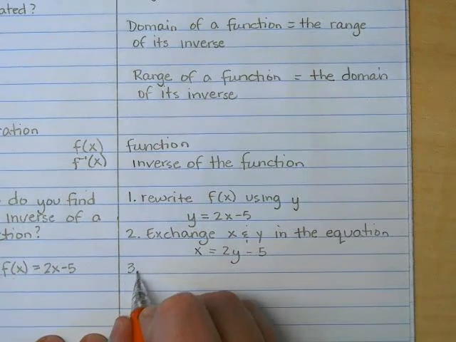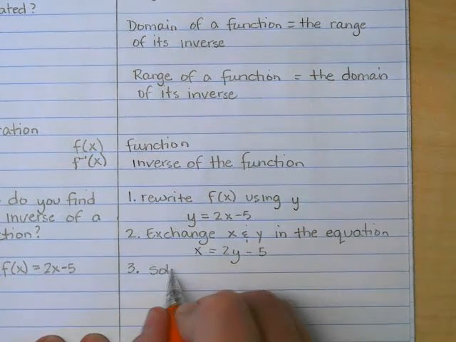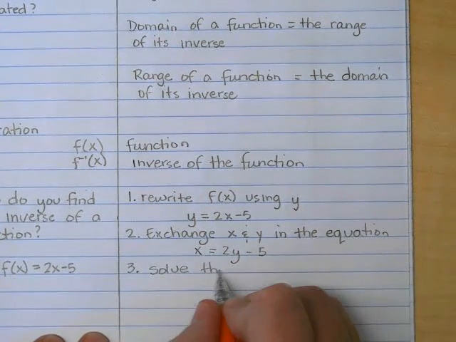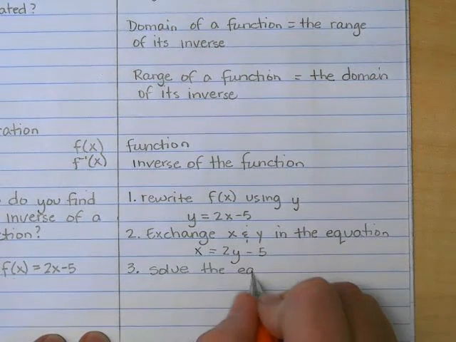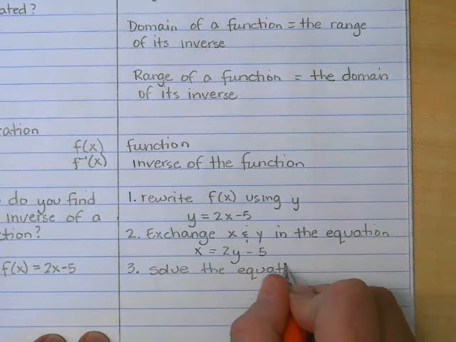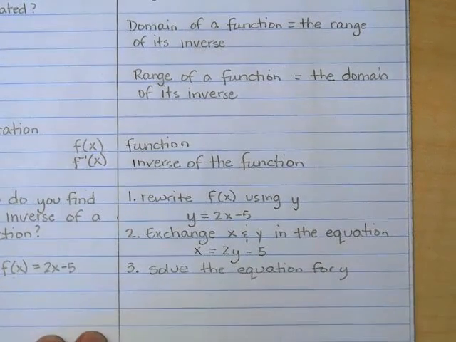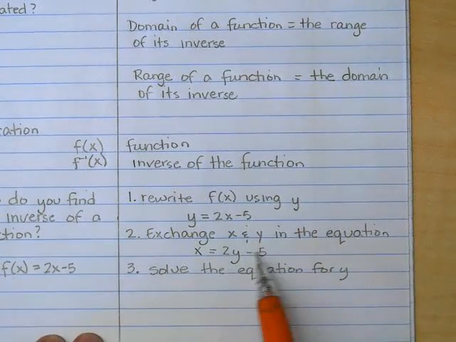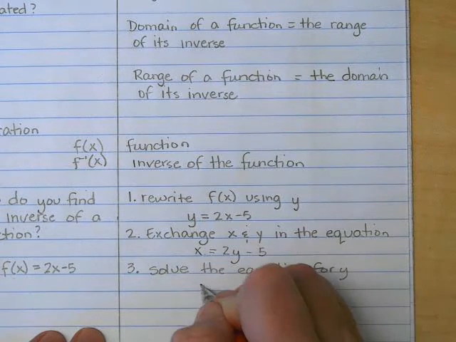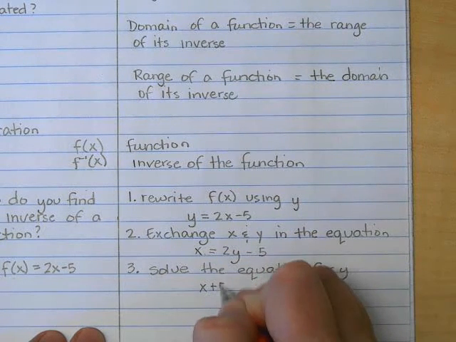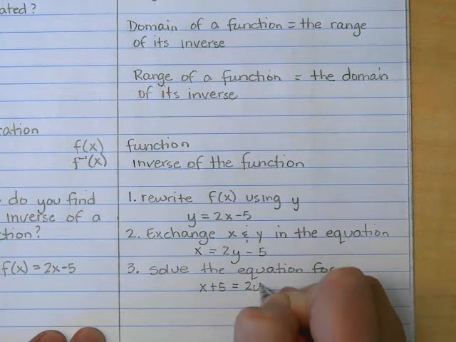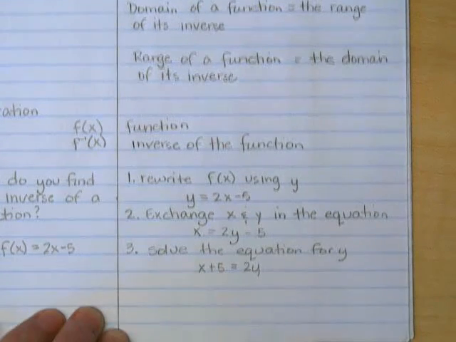Okay, third thing, solve the equation for y. Okay, so I want you to think about this. I'm just going to move this 5 over here so that x plus 5 equals 2y.